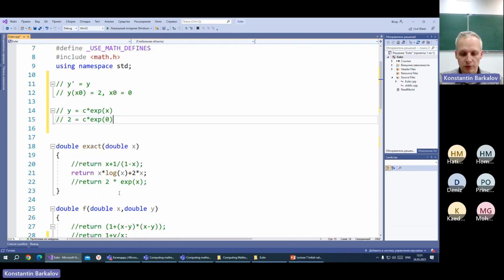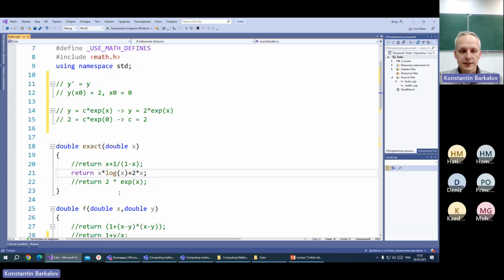E power 0 equals 1. Then from this condition, we find that c equals 2, and the exact solution to this problem is y equals 2 times e power x. This is the exact solution.